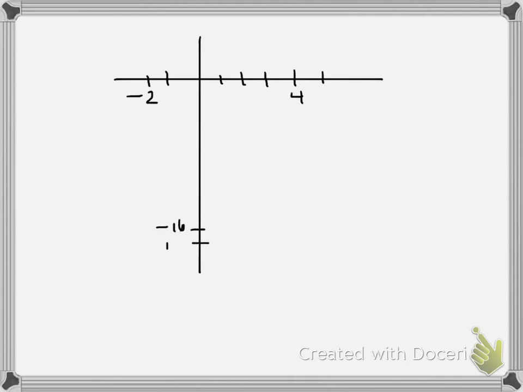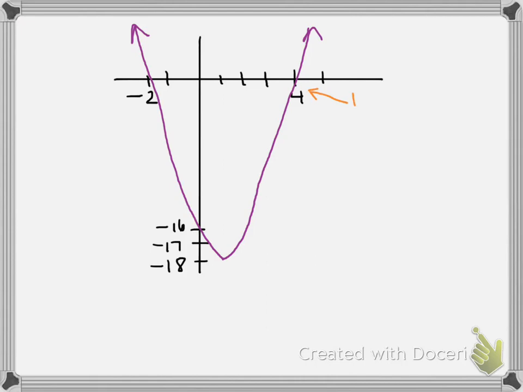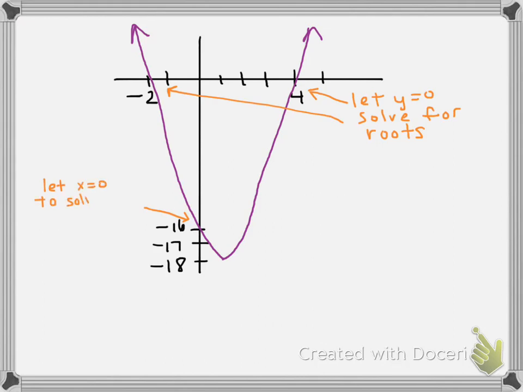So let's quickly recap what happened, just so that we can remember. We had a parabola that opened up, looks something a little like this. If you want to find roots of your parabola, you're going to let y equal 0 and solve for x however is easiest for you. Then you're going to let x equal 0 to solve for y.